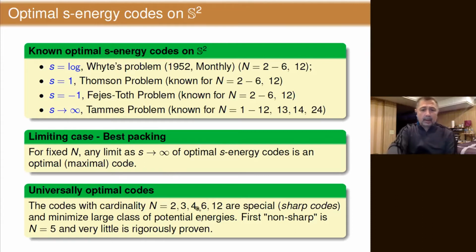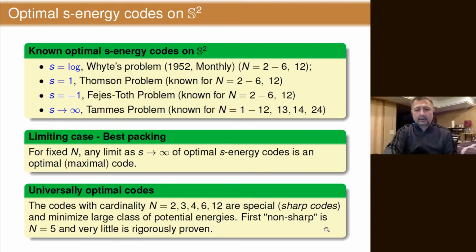Now, universally optimal codes is work by Cohn and Kumar from 2007, and it shows that if spherical codes are also sharp codes, then they minimize all of these different potentials and more, all of the so-called absolutely monotone potentials of the inner product between the points.